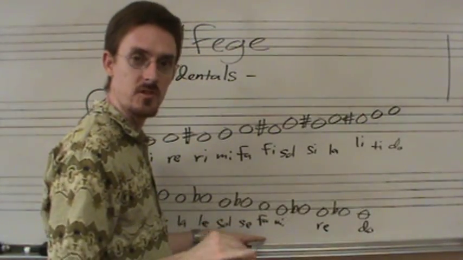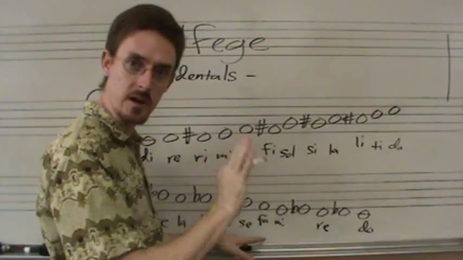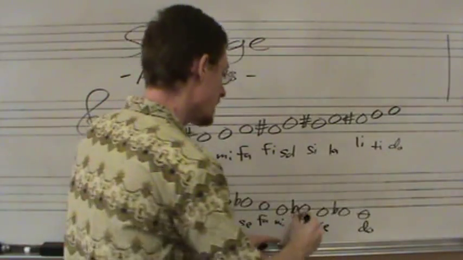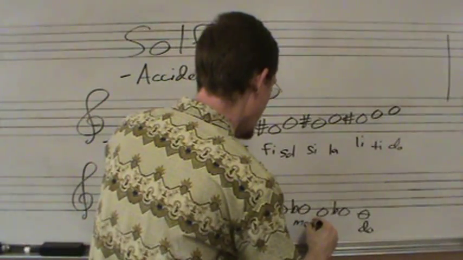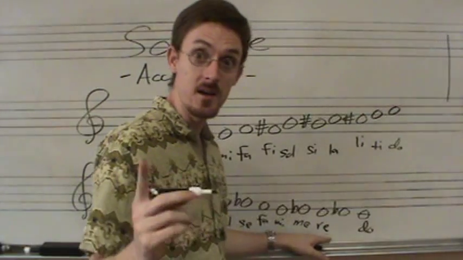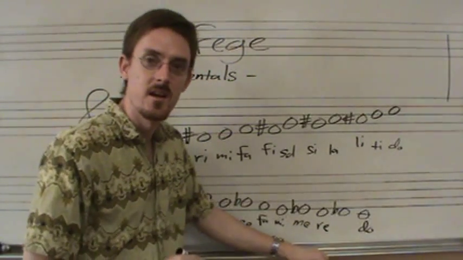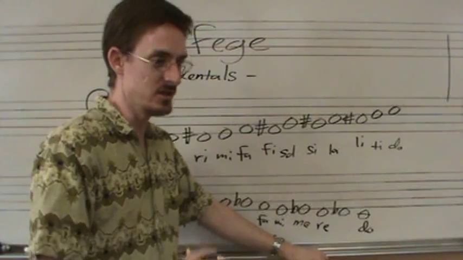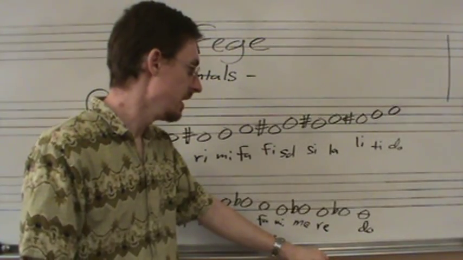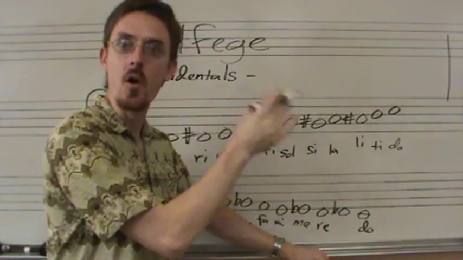Fe, which is a lowered fa, does exist, but so rarely we're not going to deal with it now. Mi becomes me, and re becomes, and this is where the system breaks down, unfortunately.